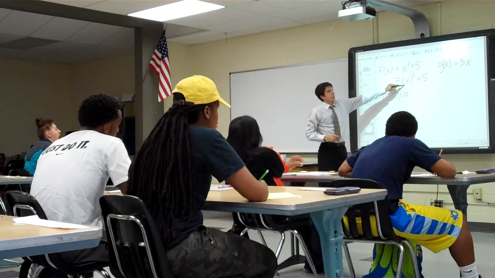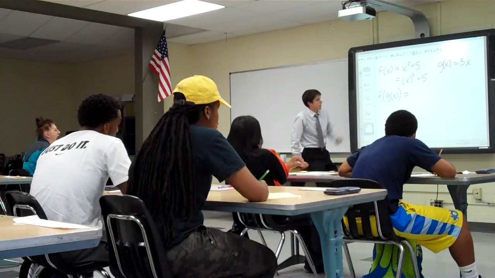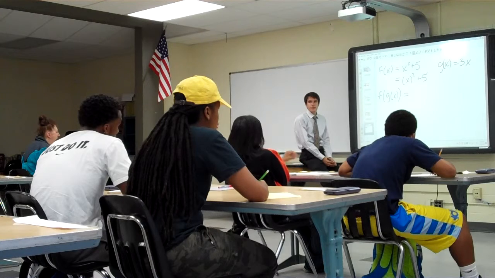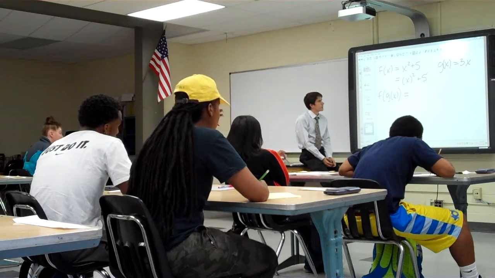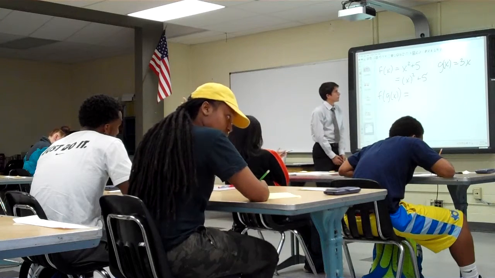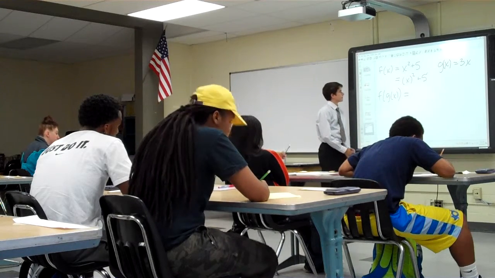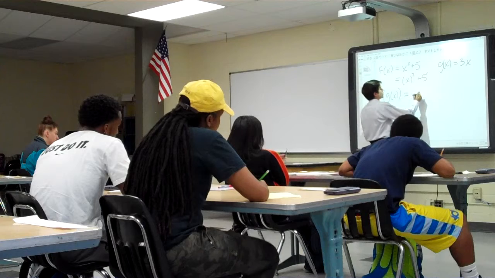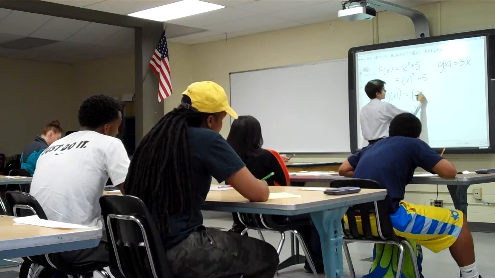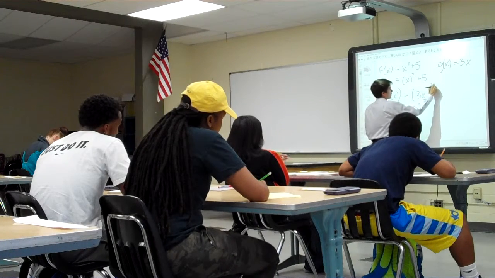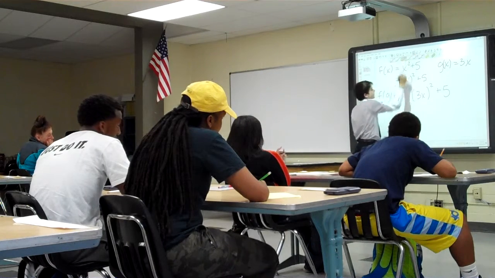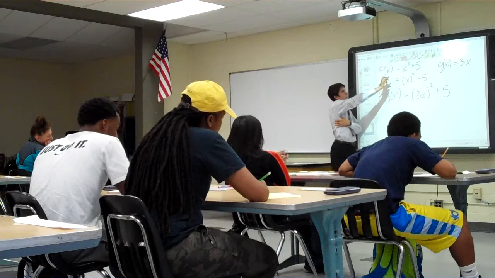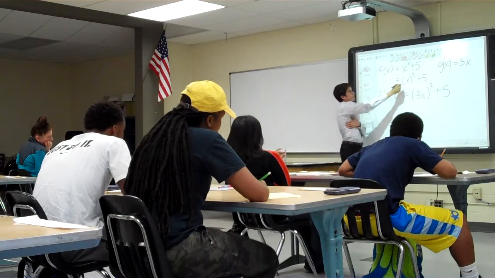So we replace that x with our input, which is what? Well, would that be 3x in parentheses squared plus 5? Because remember, f of x is x squared plus 5.